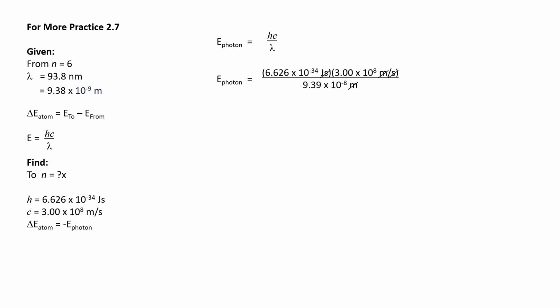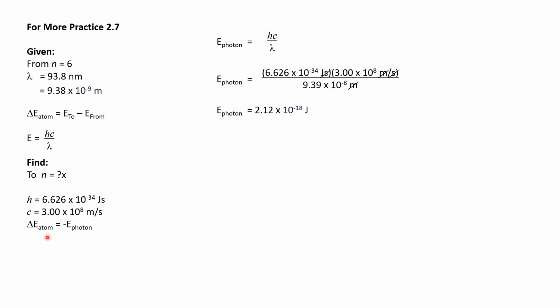And at this point, I just simply do the math. And when I do the math, I see that the energy of the photon was equal to 2.12 times 10 to the -18 joules. Now we found the energy of the photon, but now we have to be mindful of this equation because we want to find the change in the energy of the atom given that this photon was emitted.